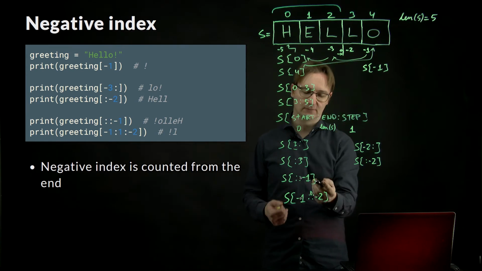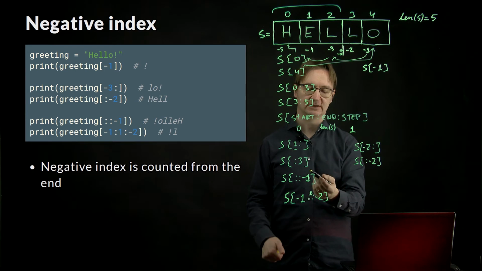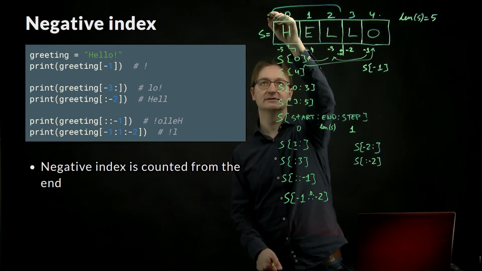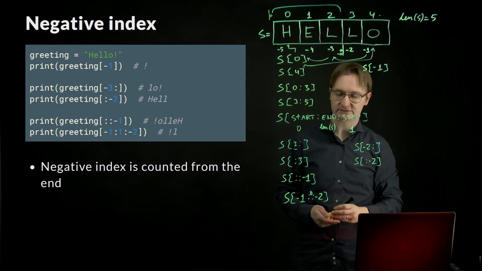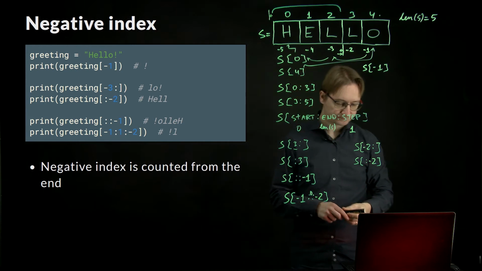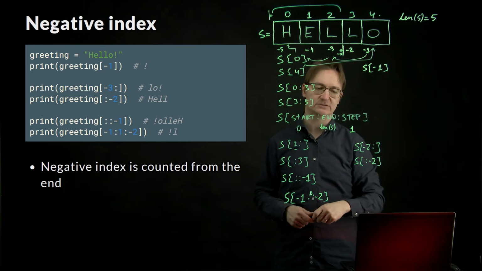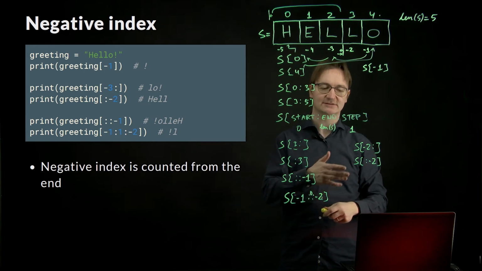So if we are walking backwards, the start and end by default indicate the start is here and the end is basically here. So we can get everything up to and including the first element also. This is very convenient. There are other programming languages where you cannot use negative index values.